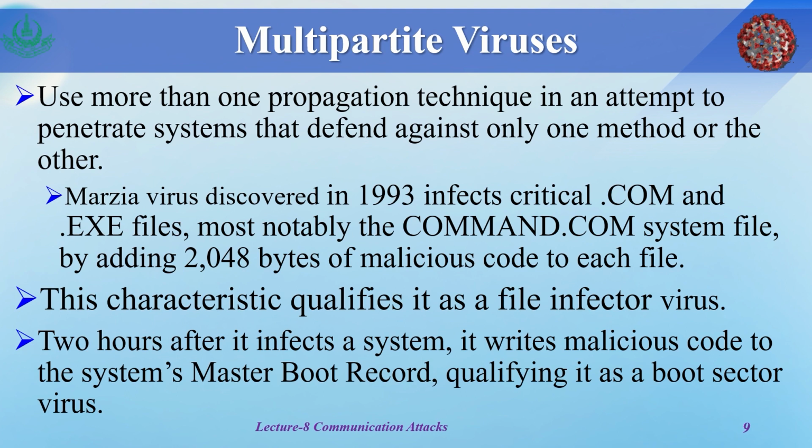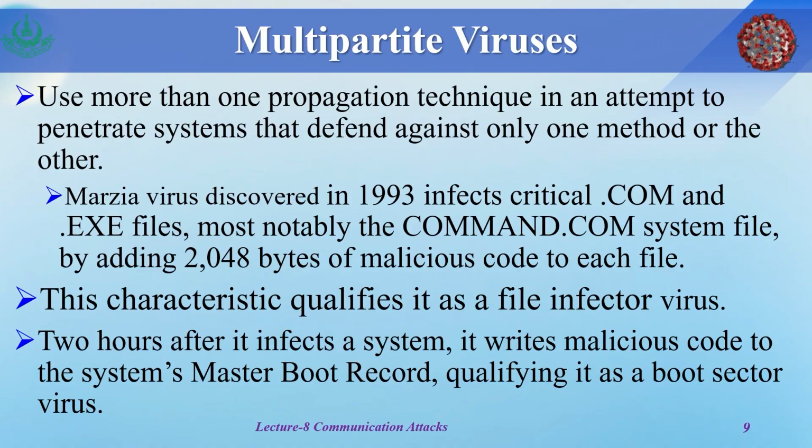Multipartite viruses use more than one propagation technique in an attempt to penetrate systems that defend against only one method or the other. The Marijuana virus, discovered in 1993, infects critical .com and .exe files, most notably the command.com file, by adding 2048 bytes of malicious code to each file.